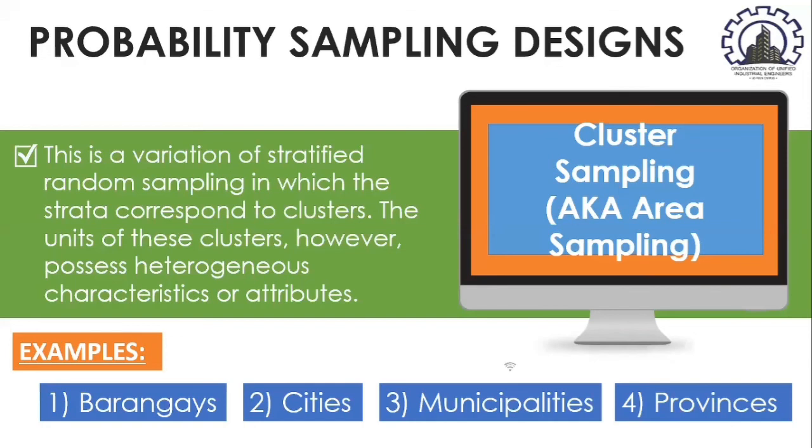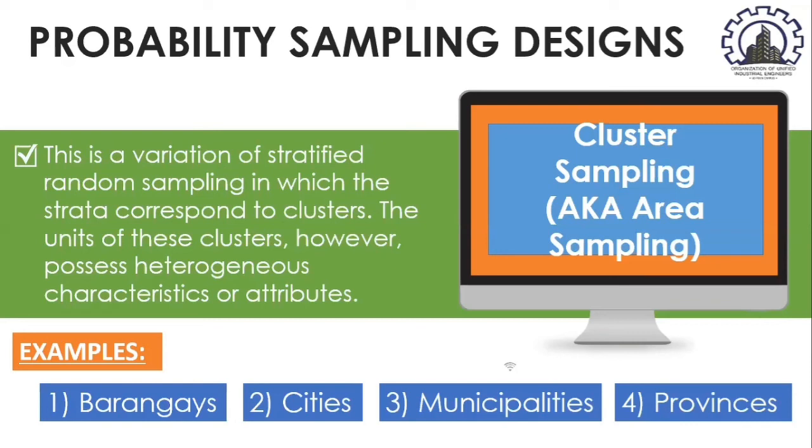If we say heterogeneous, meaning it is composed of different characteristics or attributes, not the same. They are different. So for example, barangays, cities, municipalities, and provinces, because in a certain barangay, city, municipality, or province, all of the people living there have different characteristics, different attributes.